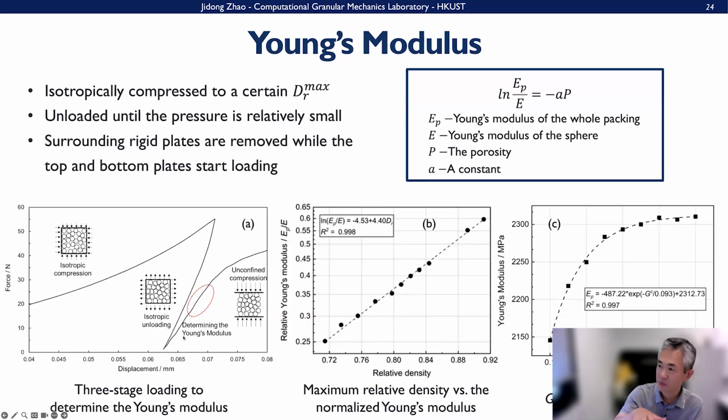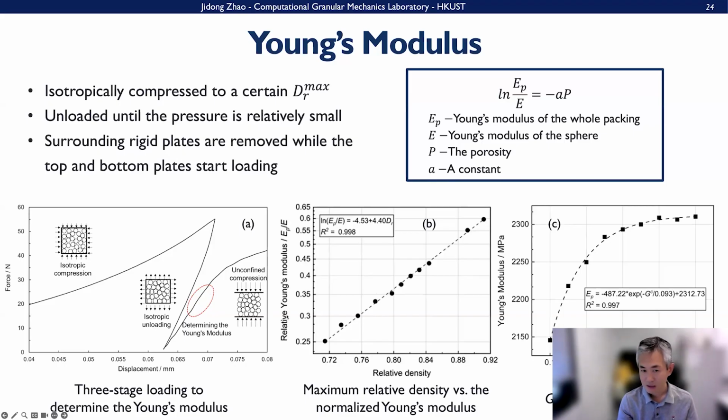Now it has become a cohesive assembly, and we can do an unconfined compression, basically uniaxial compression, to test its modulus. During this unconfined compression, we determine the Young's modulus at a certain initial stage, during the elastic regime. That is the result that we get here.